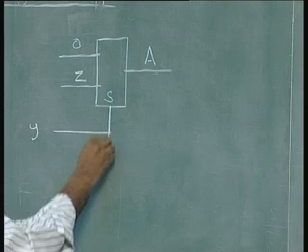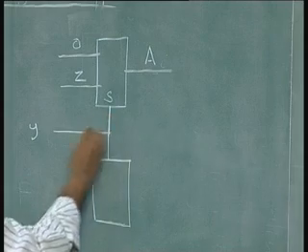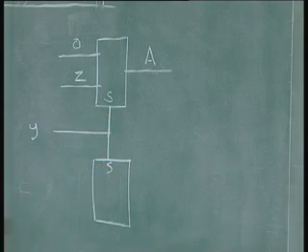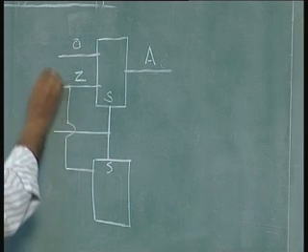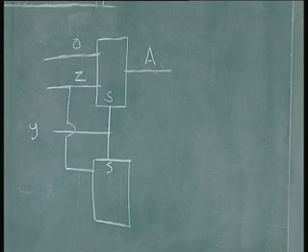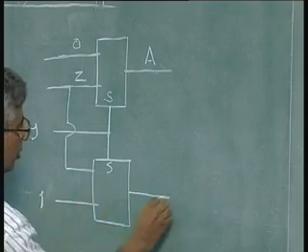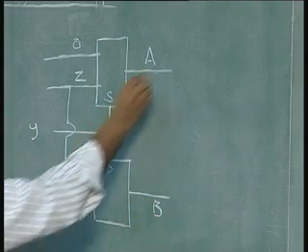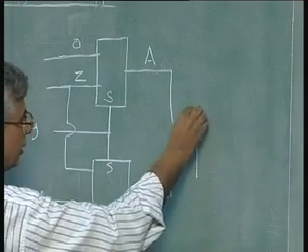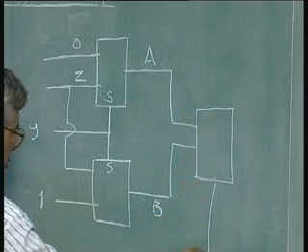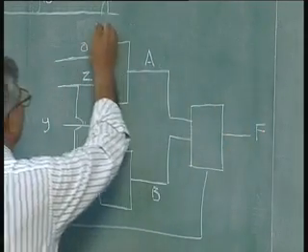The second multiplexer, which will implement b, will have z as the first input and 1 as the second input. This will be b, and together they can be implemented using a third multiplexer with x as the selector input, and this is the output. So, all of them are 2 to 1 muxes.